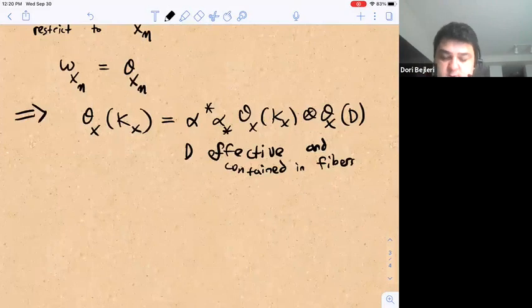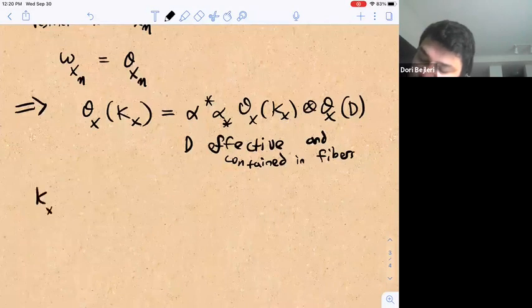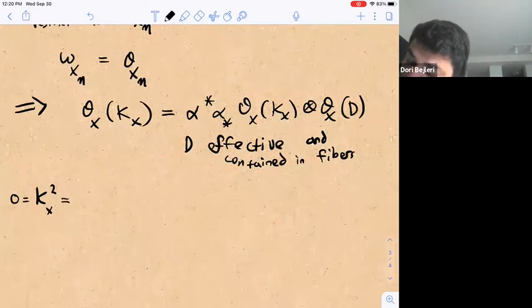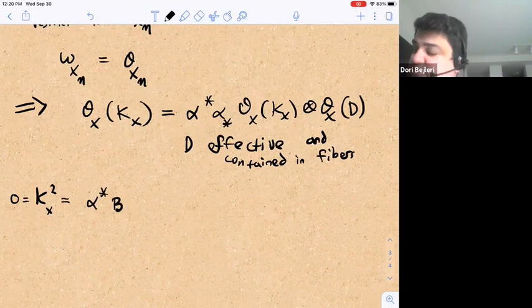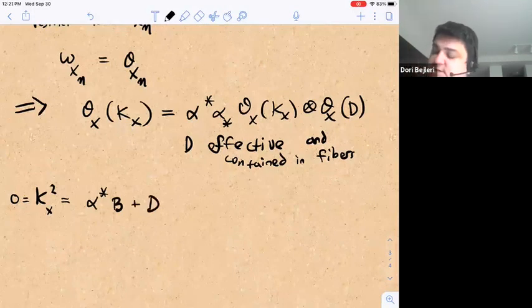Okay, so then we can compute. We know K_X squared is 0. And then according to our formula, the canonical divisor is something pulled back from the base, just whatever the divisor corresponding to the line bundle alpha lower star O of K_X is, plus this D, whatever this D is.